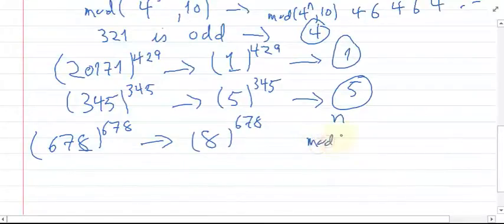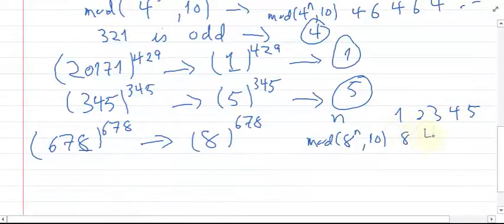If I just do the same thing, 1, 2, 3, 4, and I look at the pattern, all right, let's see, 8 to the 1 is 8, 8 to the 2 is 8 times 8 is 64, gives me 4. 8 to the 3 is 8 times 4, which is 32, which gives me 2. And 8 to the 4 is going to be 8 times 2, gives me 6. 8 to the 5 is 8 times 6, which is going to give me 8 again. You get this pattern. And you just have to see where this falls in.